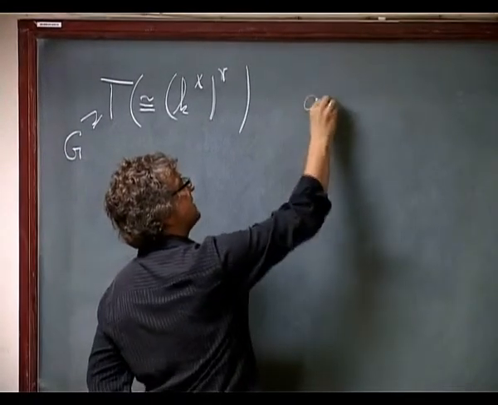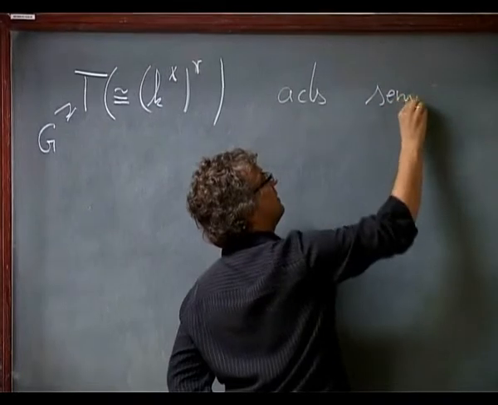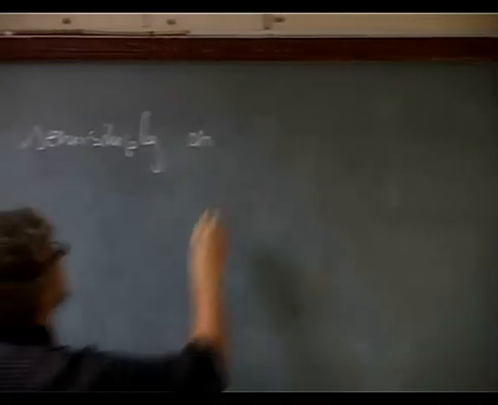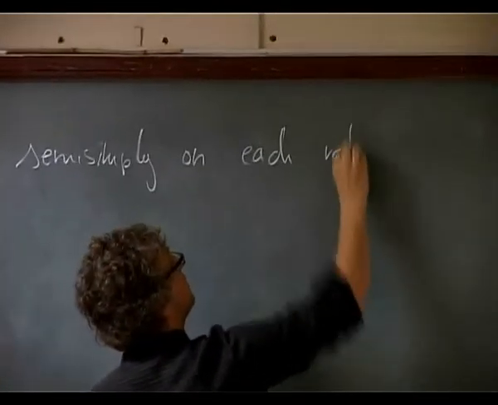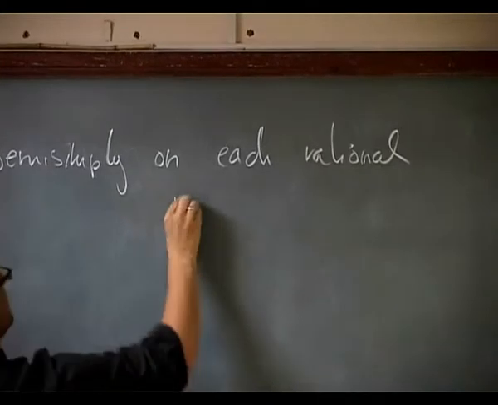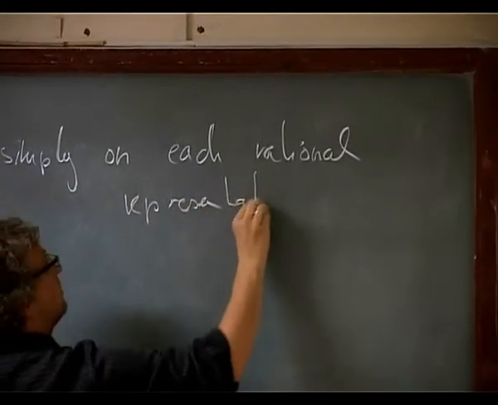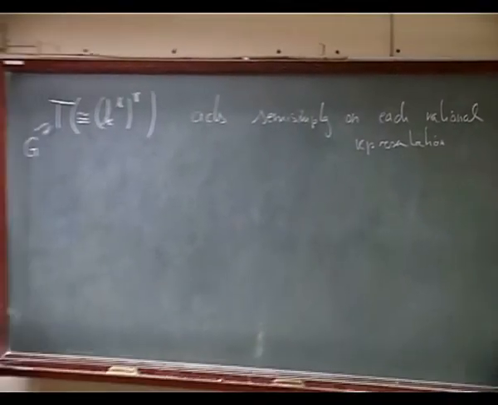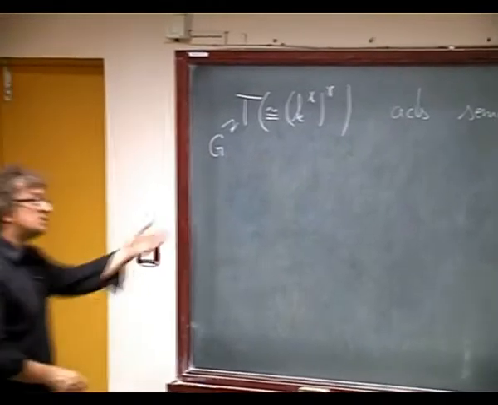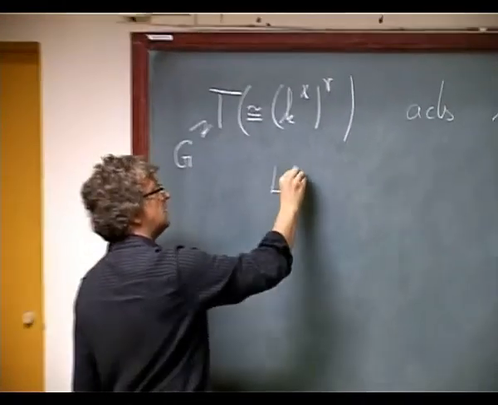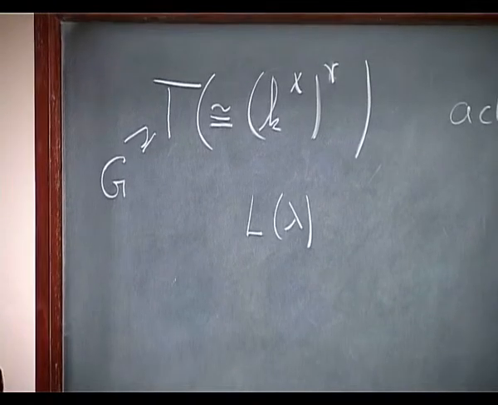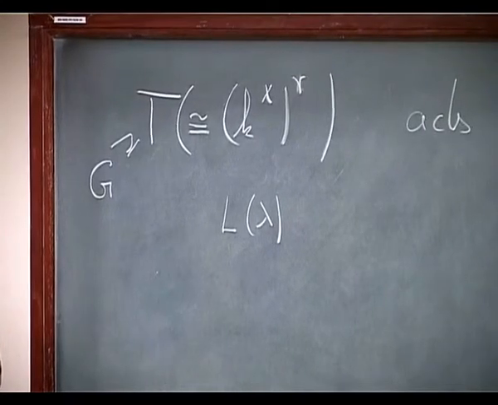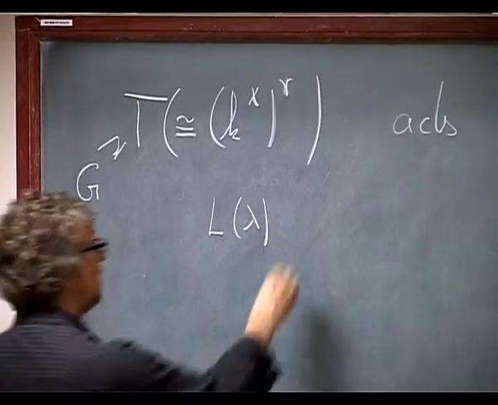This acts semi-simply on each rational representation, which is a remarkable fact, a very nice, very important fact. So that means that L lambda splits up into a direct sum of irreducible representations of the torus, and these are all one-dimensional.